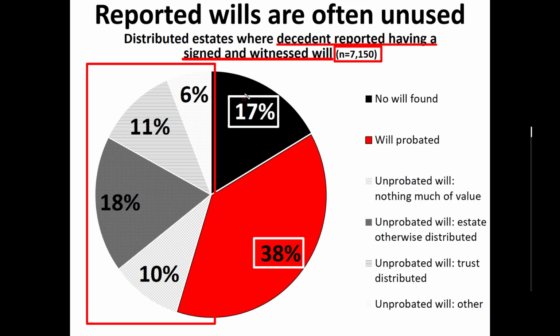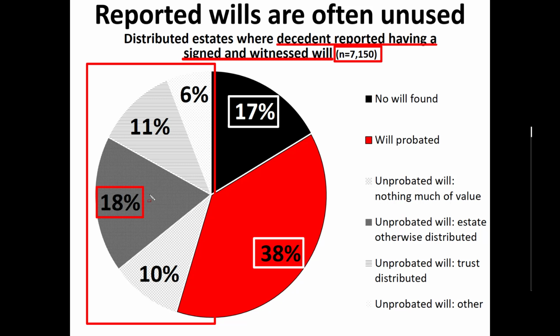So what's happening there? Well, that's understanding that the estate was otherwise distributed. That means that there was joint ownership with right of survivorship, or there was a transfer on death or pay on death designation. We can do this even on real estate in most states now.